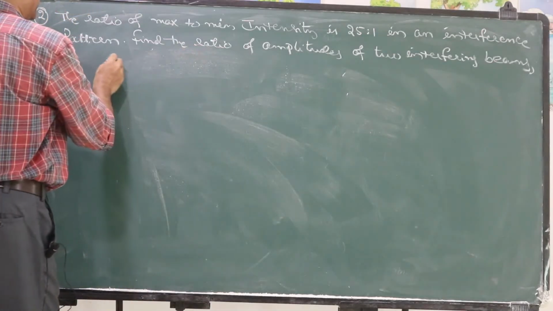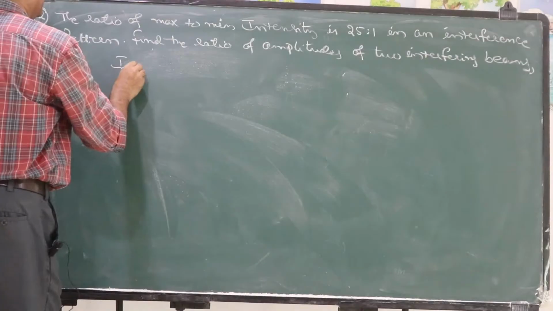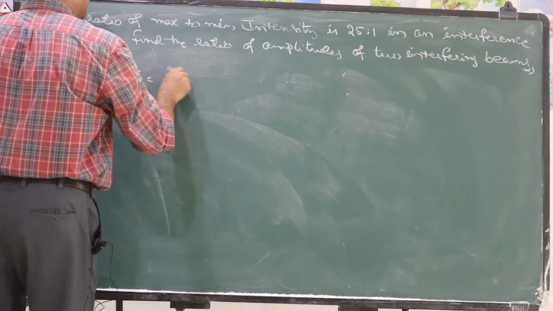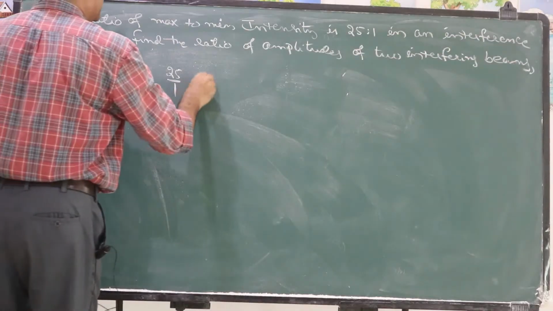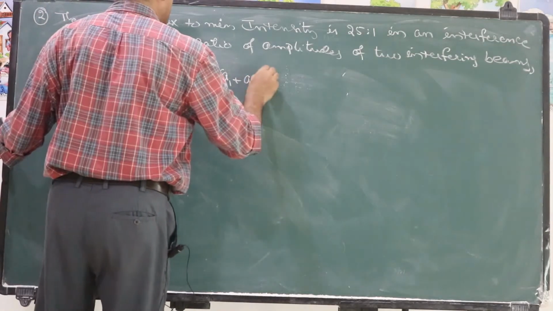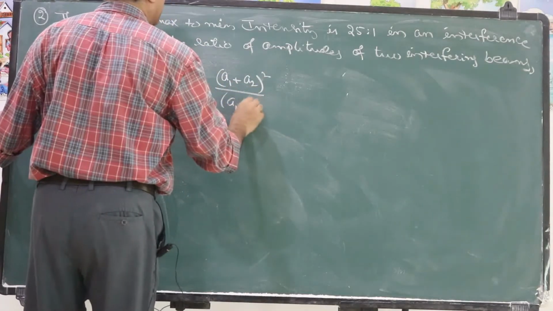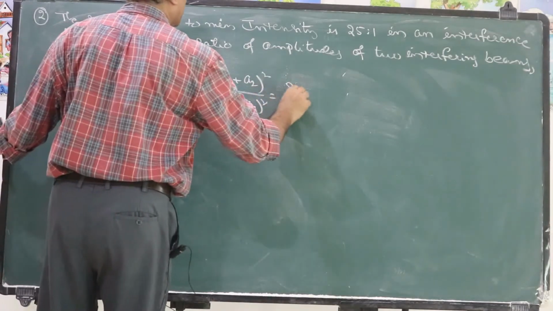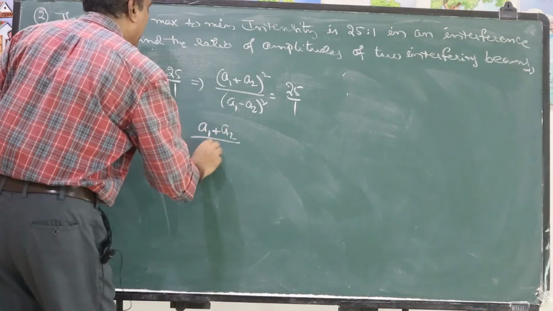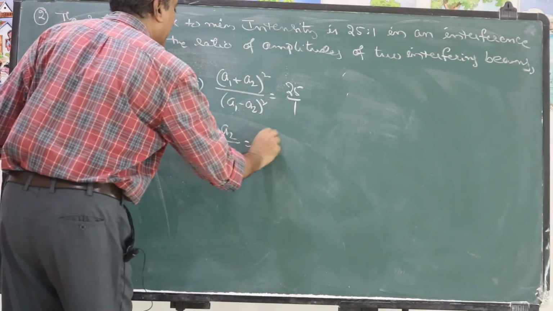So, given that I max to I minimum is equal to 25/1 implies (A1 plus A2) whole square by (A1 minus A2) whole square is equal to 25/1. That is (A1 plus A2) by (A1 minus A2) equal to 5/1.